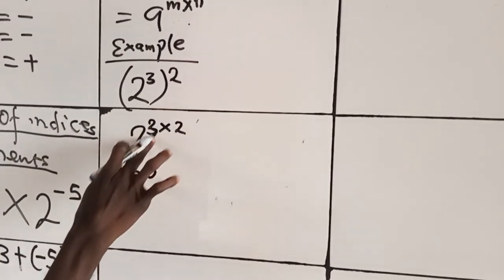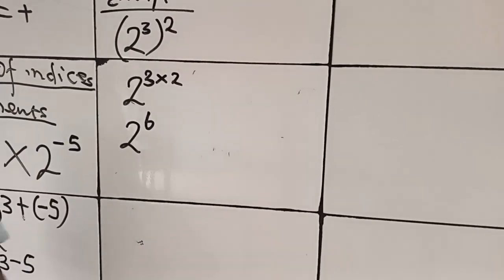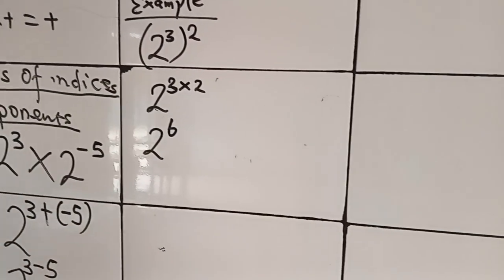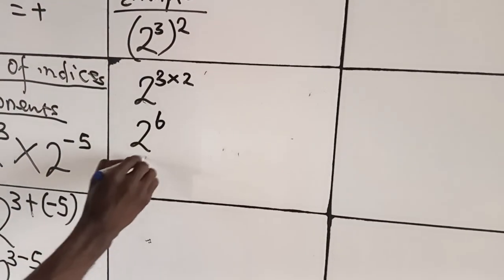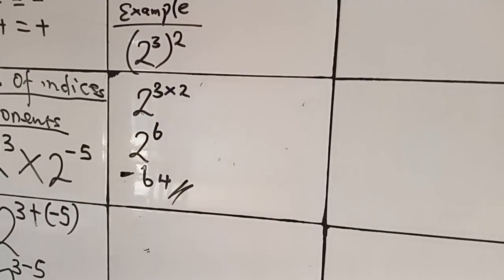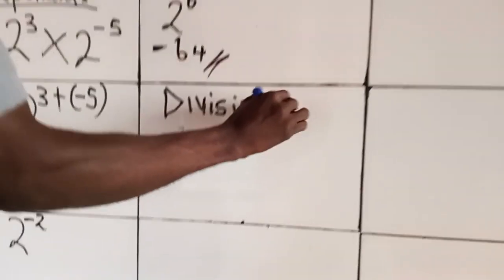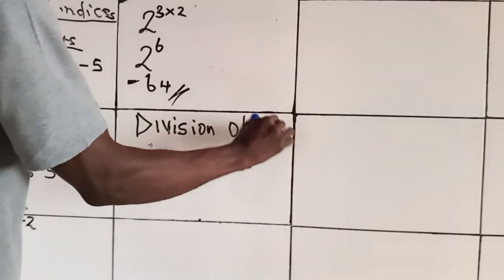Sorry for that. 3 times 2 will give you 6, and it's going to be 64. So we are done with the multiplication rules. Let's go with division of exponent.